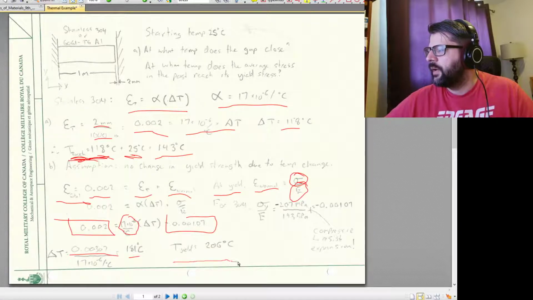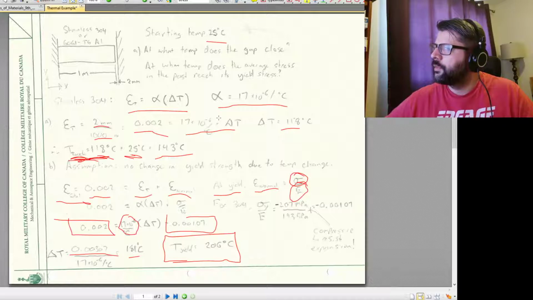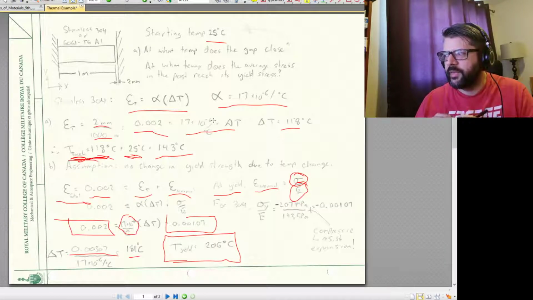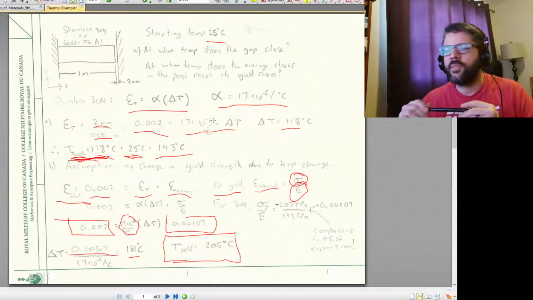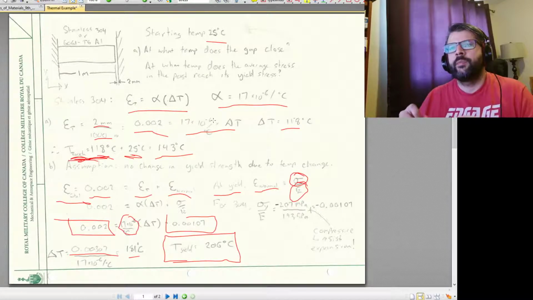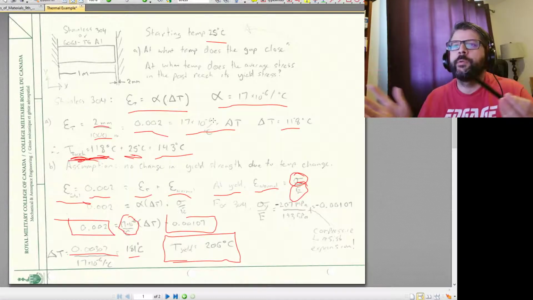Again, plus our initial starting temperature of 25 degrees gives us a temperature at yield of 206 degrees Celsius. Essentially, if we push the temperature past that, we're going to be inducing permanent deformation in the bar once it cools back down.